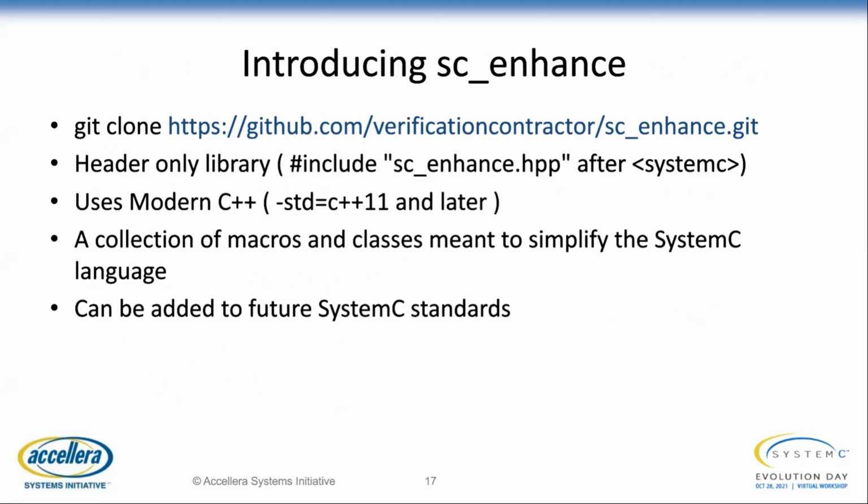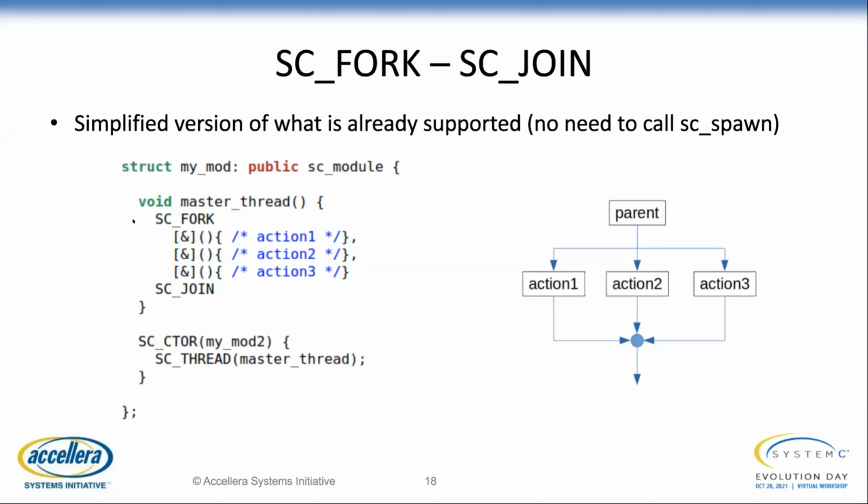So first, let's see how we do a fork join. This, again, is already supported, but in SC Enhance, I redefined these macros so that you don't have to call sc_spawn for every thread that you spawn.